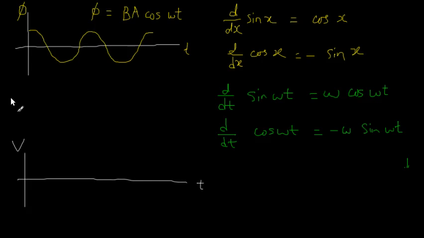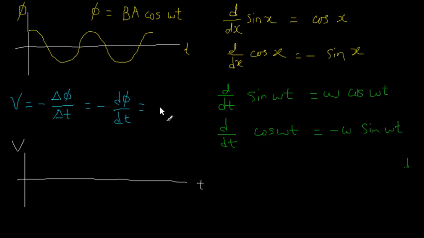So according to Faraday's law, the voltage is equal to, this time we understand the minus sign from the last video, so I'll put that in, the change in flux divided by the time taken. And for very, very short time intervals, we know from calculus that this is d phi by dt. So this is the gradient of this graph.